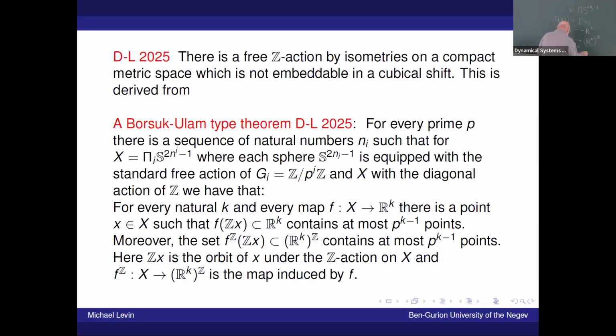It will be F of T to the power i, where T is the action of a generator of Z. Okay, so it's easy to check that this map is equivariant with respect to the shift action of Z on the product, the left shift.